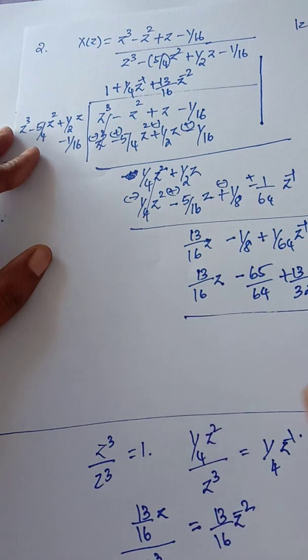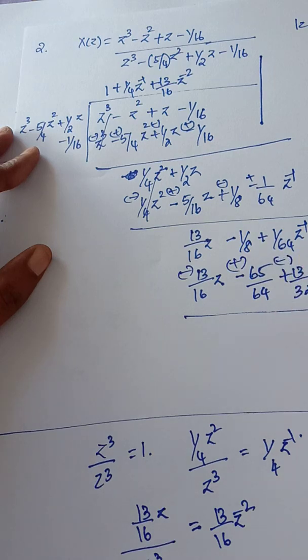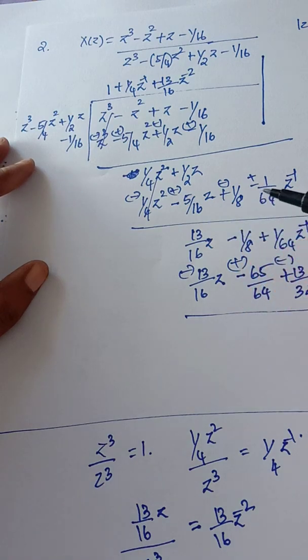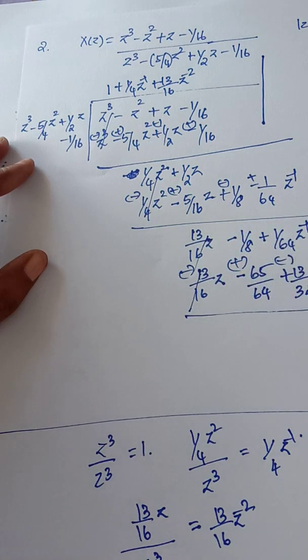Then I need to change the sign and proceed. So the 13 by 16 z term will get cancelled. Then I need to simplify these terms and proceed with this.